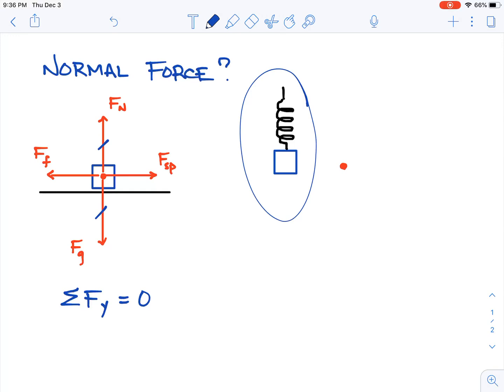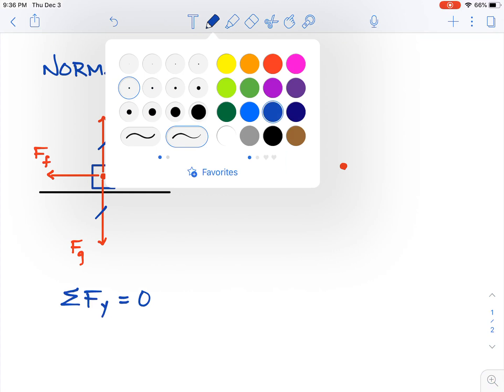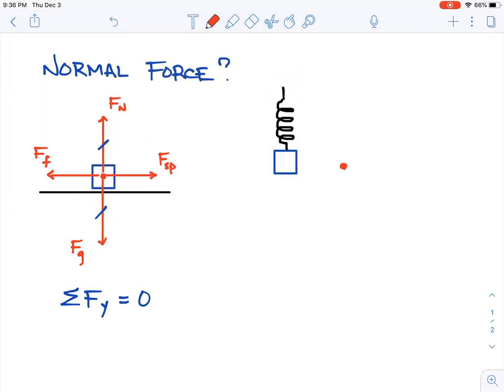Why would this help us out? If you draw an FBD for when it's just hanging vertically, the weight, which is definitely going to help us over here to then get the normal force, the weight is pulling the shoe down and the spring is holding it up, and as long as it's hanging at rest, these should be balanced.